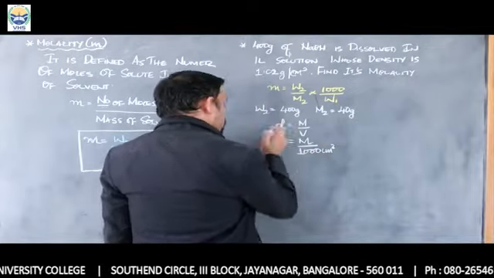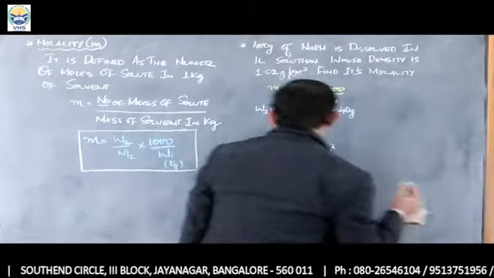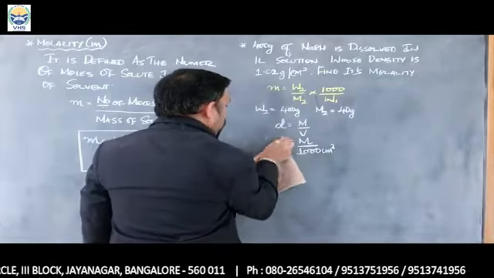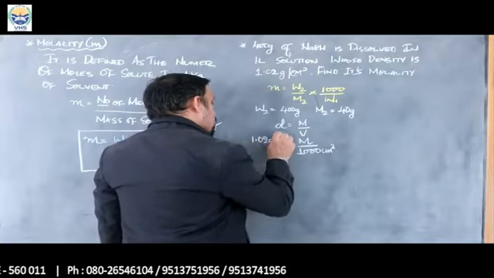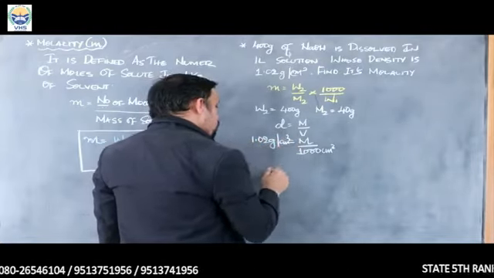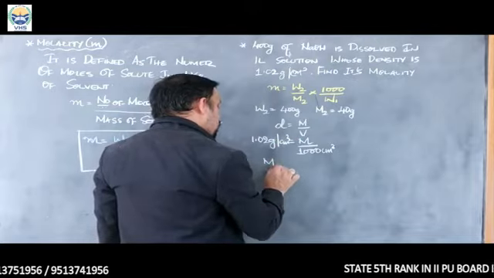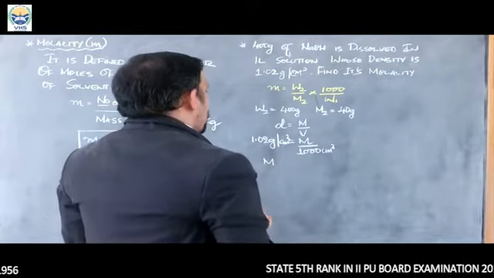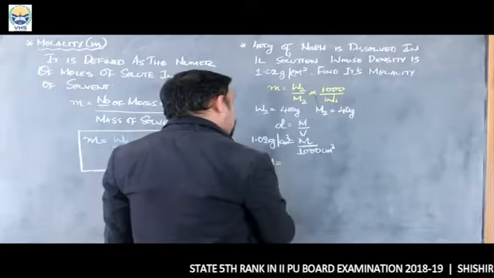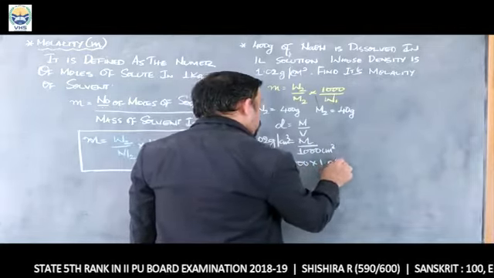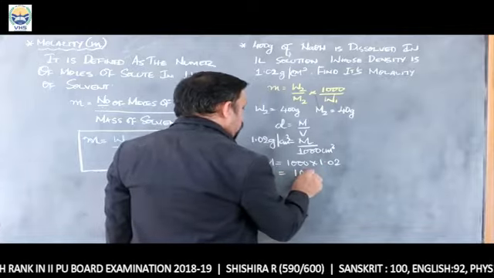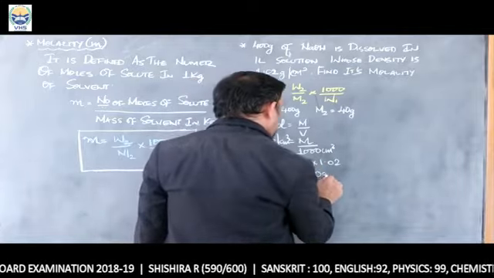So 1.02 gram per centimeter cube. So what m value will we be getting? m will be 1000 into 1.02, which is equal to 1020 grams.